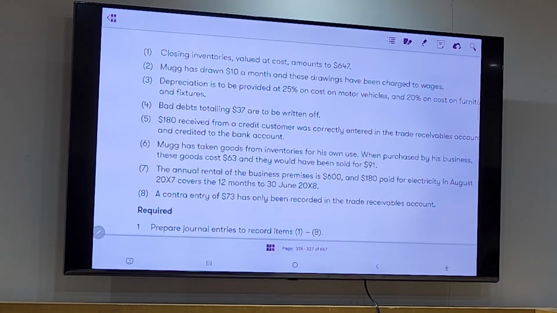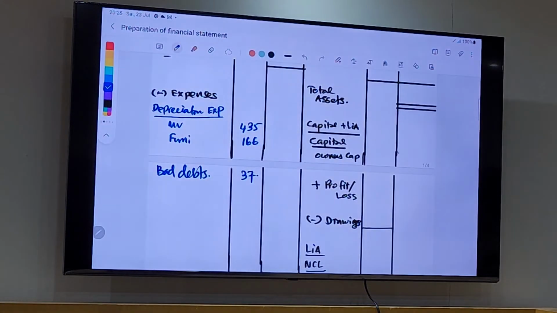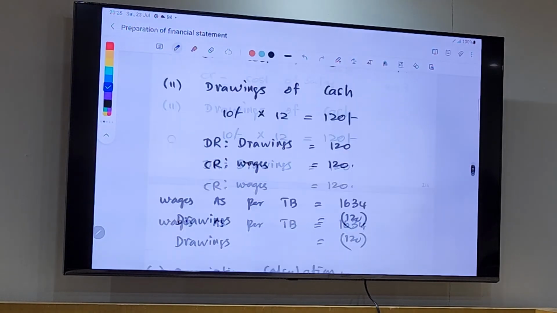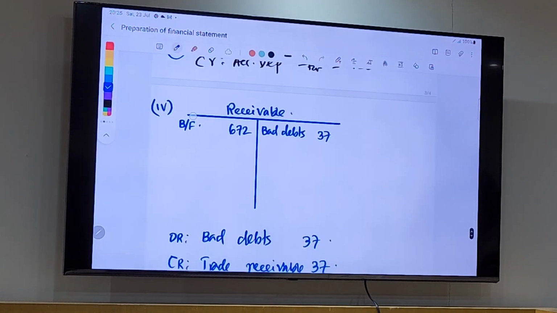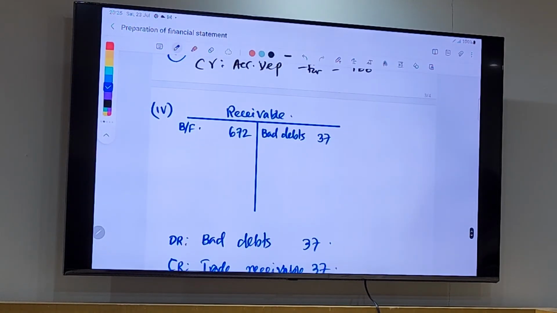So up to adjustment number 4, everyone clear before I move to adjustment 5? Yes sir. Okay? Baha okay? Atif? Okay?